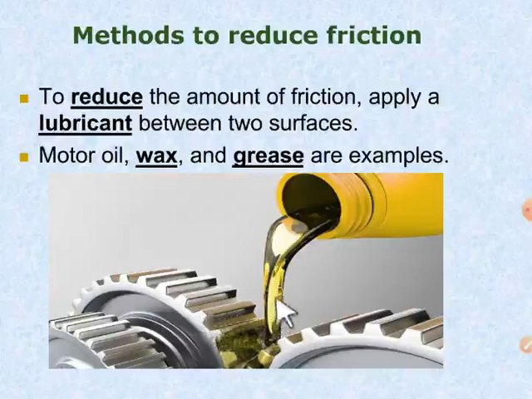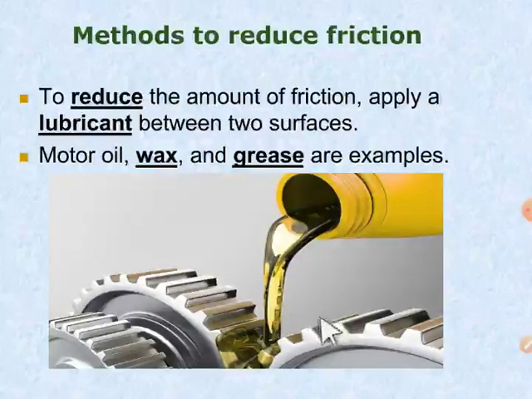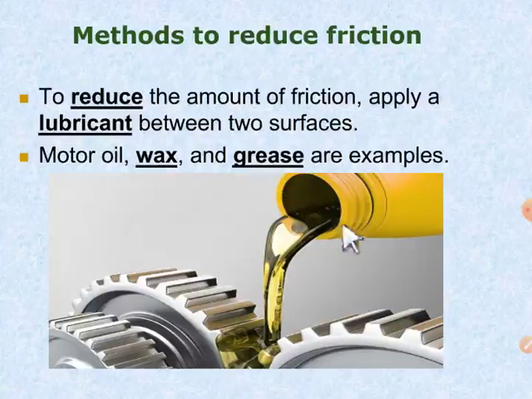So just to prevent that wear and tear, we usually have some lubricating oil, just to reduce the friction. So it may be your motor oil or wax or grease, and it can be used with a solid lubricant also.